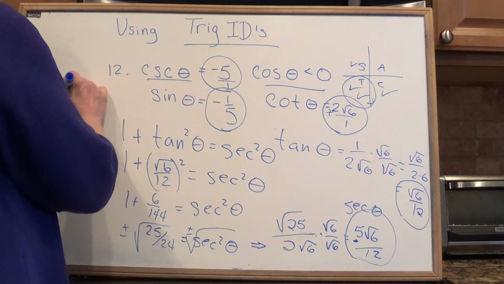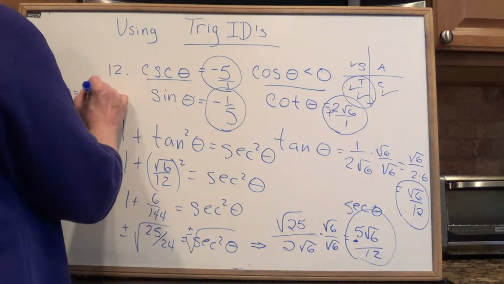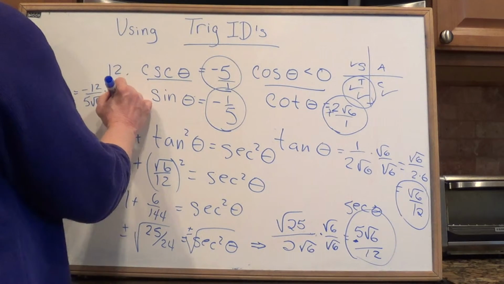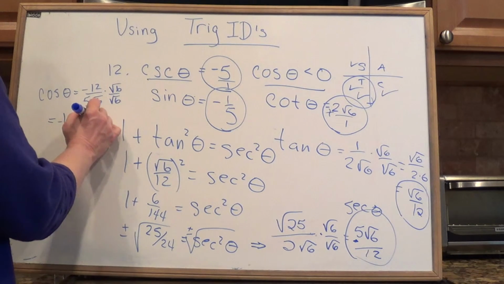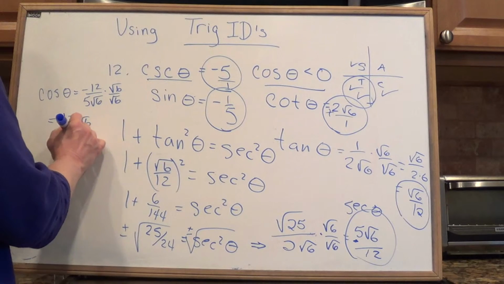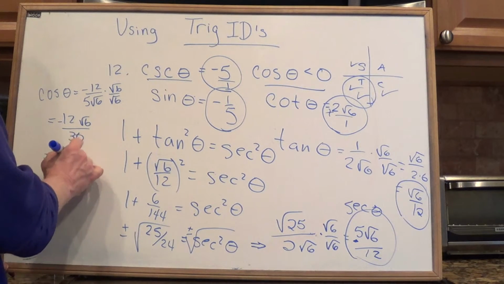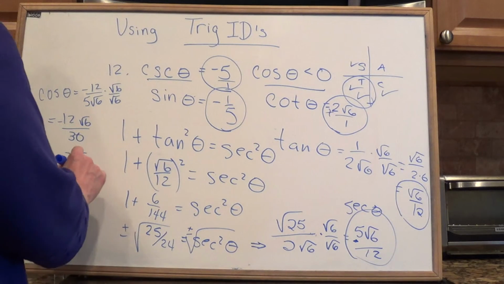Cosine of theta equals the flip of that, negative 12 over 5 square roots of 6, rationalized, of course, equals negative 12 square roots of 6 over 30, which is reducible by a factor of 6, minus 2 square roots of 6 divided by 5.